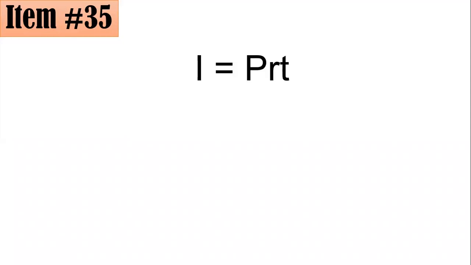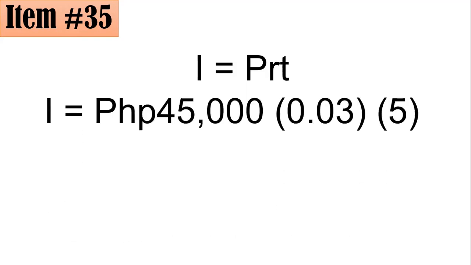So based on what Mr. Mitra commented, I do agree with that. That's why you have 45,000 pesos times 3%, which in decimal is 0.03, times the time, which is 5 years.